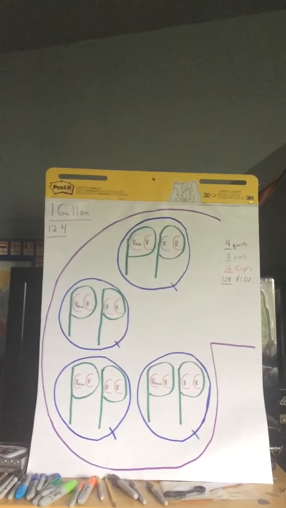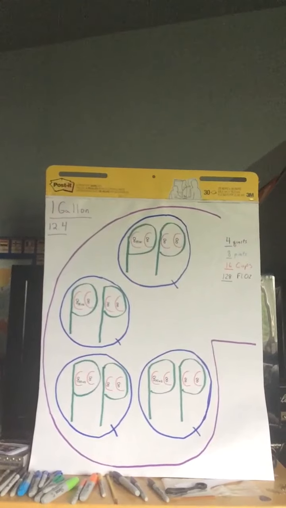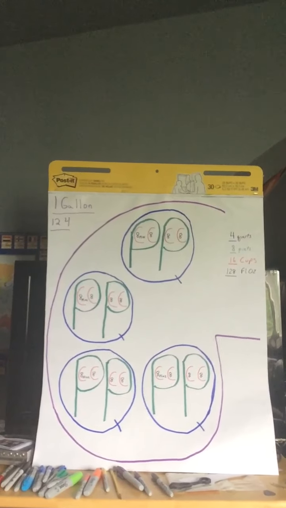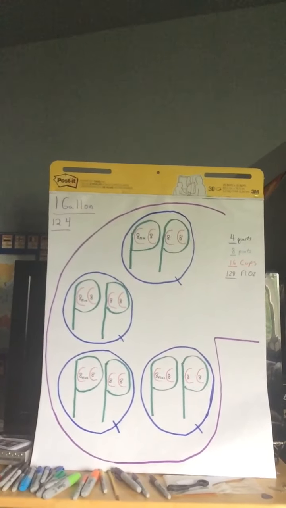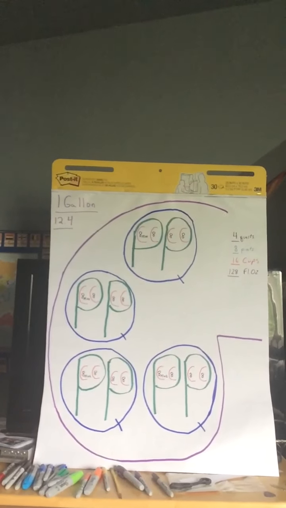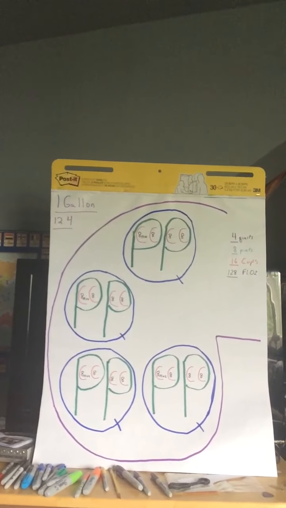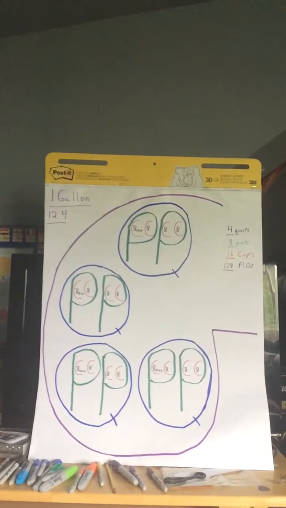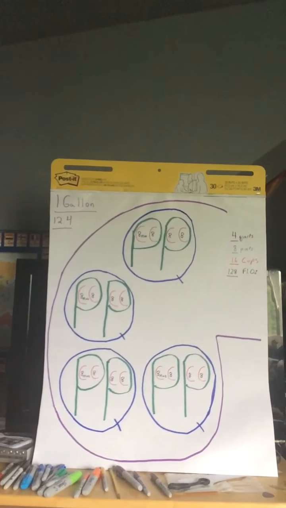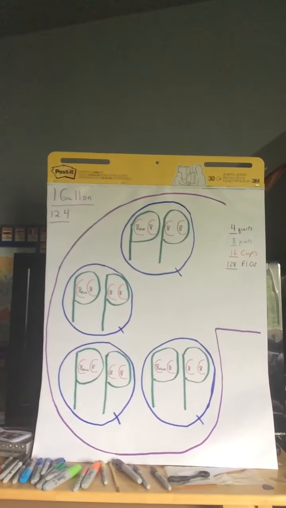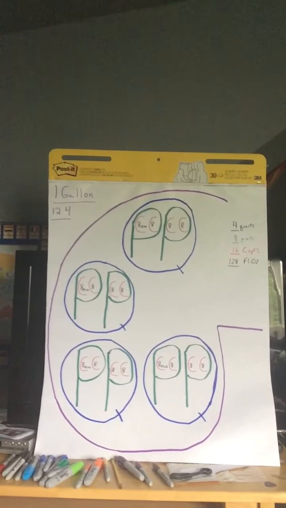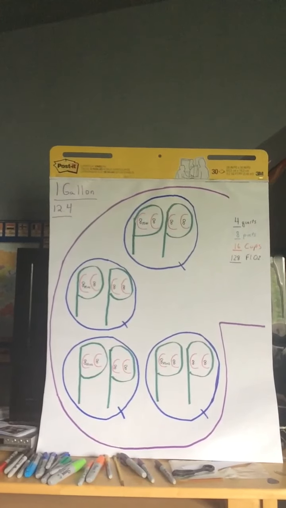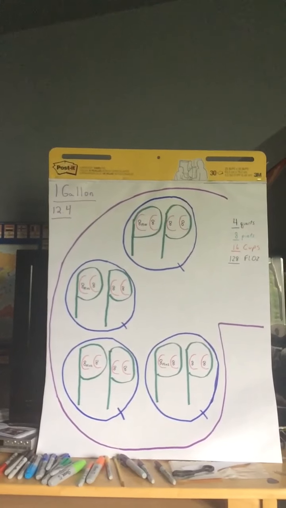Then inside each quart, there are 2 P's. P stands for pint. So there's 2 pints in each quart. Inside of each P, there are 2 red C's. Those stand for cups. 2 cups equals 1 pint.